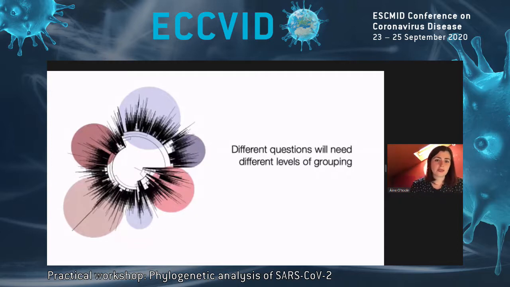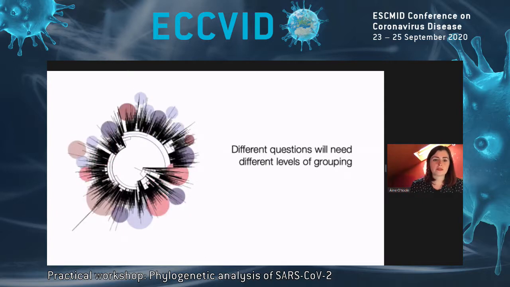And different questions will need different levels of grouping or different resolution. For instance, we see here a schema of some quite large groupings, this overview of the tree, and that could be useful, for instance, to track trends over time. Whereas finer scale groupings, like you see here, might be able to answer slightly different questions.